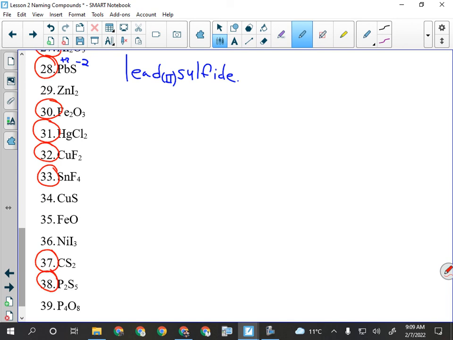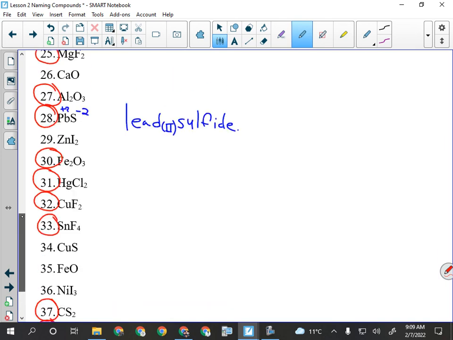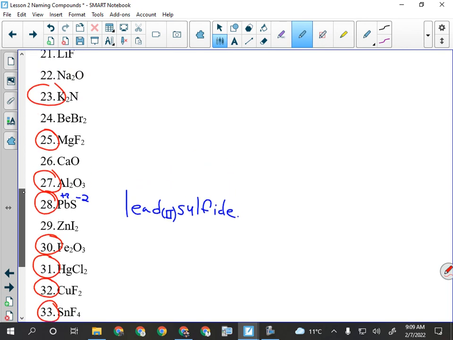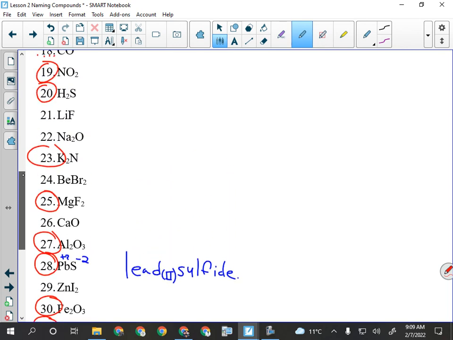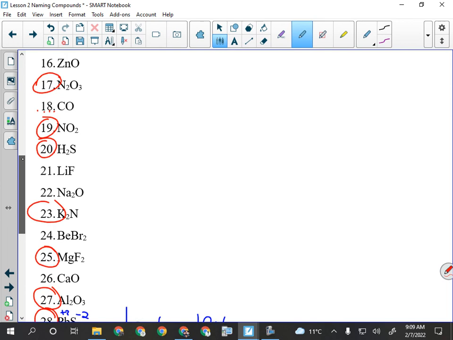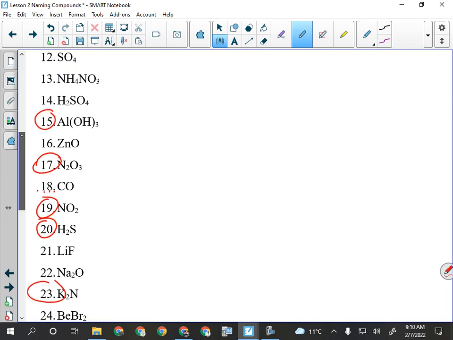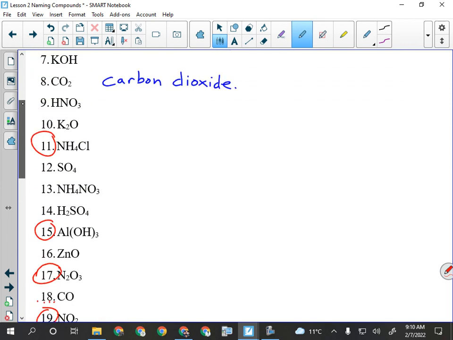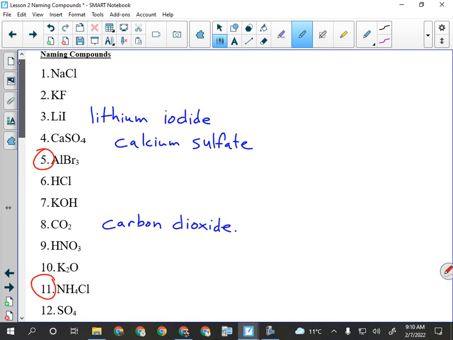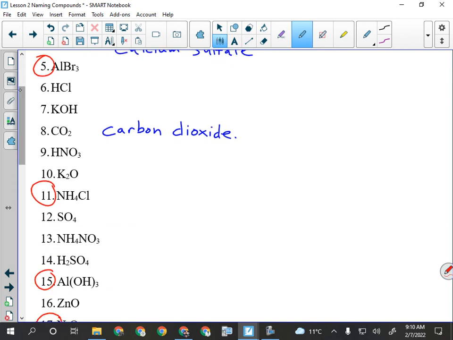All right, so any of the ones I've got circled there. So going back the other way, 38, 37, 33, 32, 31, 30, 28, 27, 25, 23, 20, 19, 17, 15, 11, 5. Okay, so those are the ones I want you working on right now. We'll go through those together in a little bit.